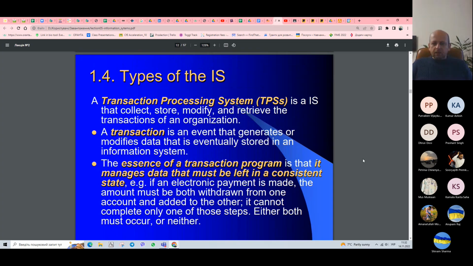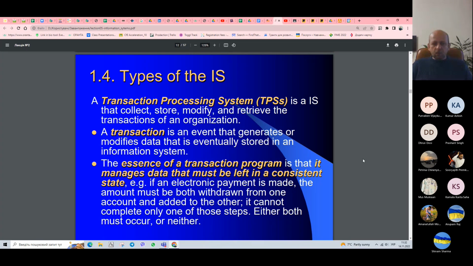Transaction processing system is the information system that collects, stores, modifies, and retrieves the transactions of an organization. A transaction is an event that generates or modifies data that is eventually stored in an information system.